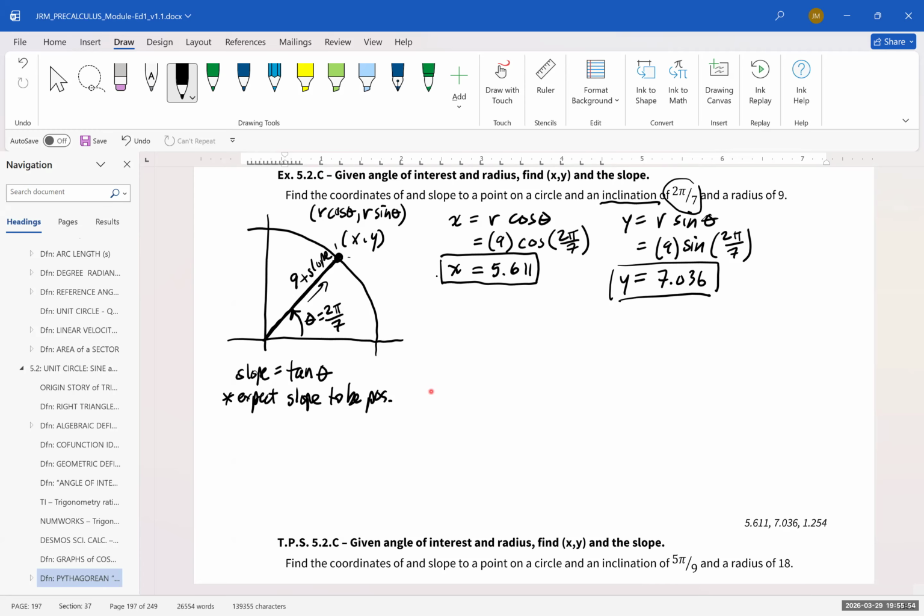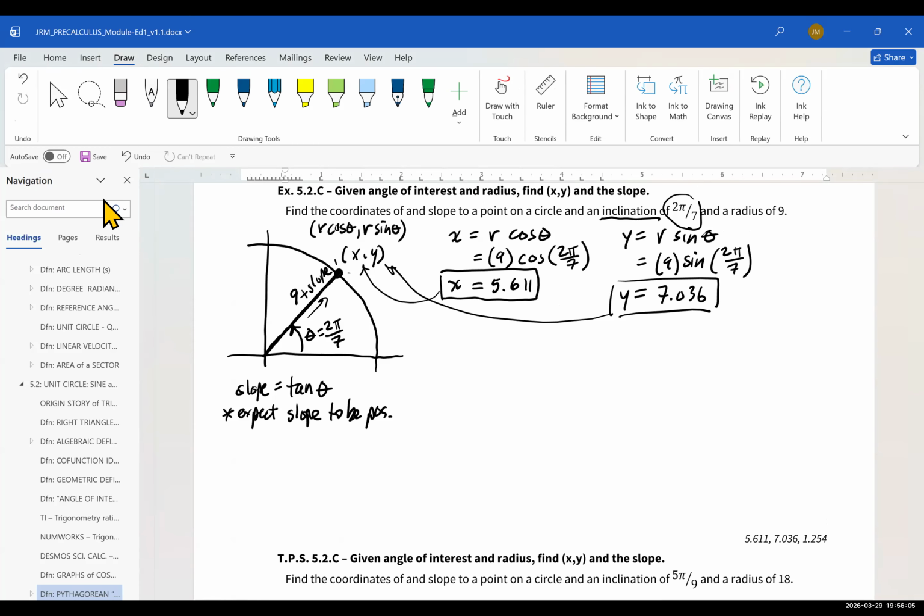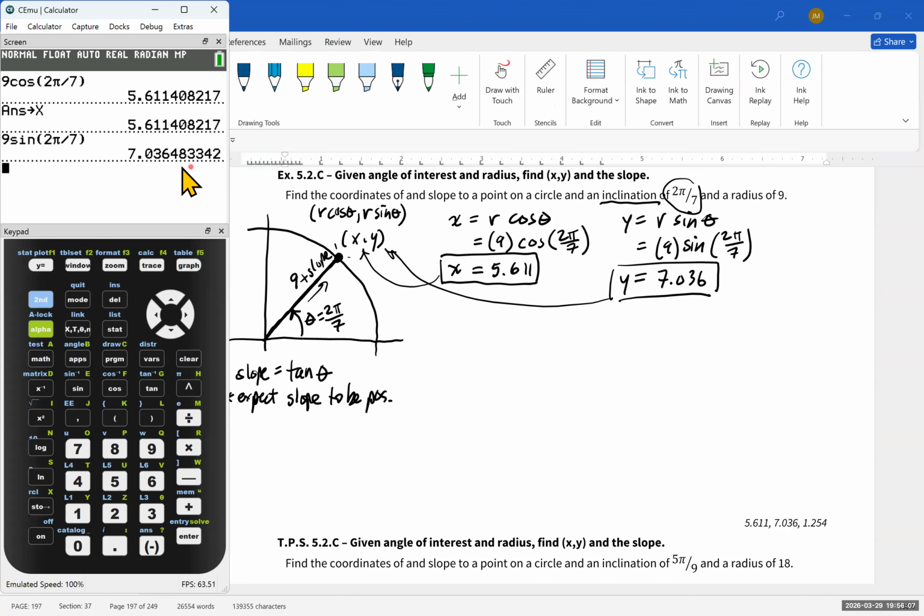So the x and y coordinates for that point are 5.611, 7.036. Now let me go ahead and store this value into variable y because this represents our y value. You see that capital Y in green. I'm going to hit 1, enter. Now it's stored that value in variable y on this calculator.